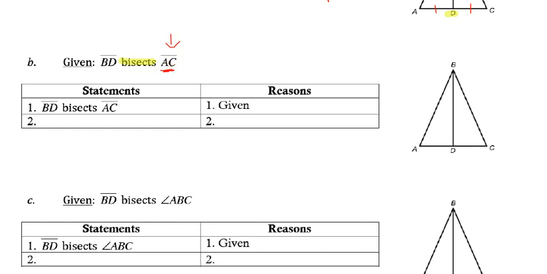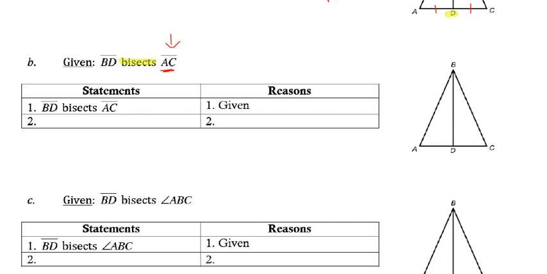So we are dealing with a segment bisector, and the definition says that the bisector of a segment is another segment or a line or a ray that divides the segment into two equal parts because it's passing through the midpoint of, in this case, segment AC. So remember also then that a bisector for a segment would act in the same way as the midpoint because it passes through the midpoint.